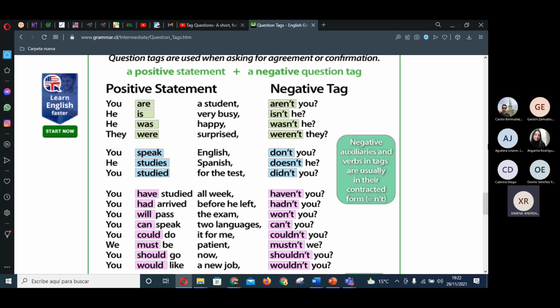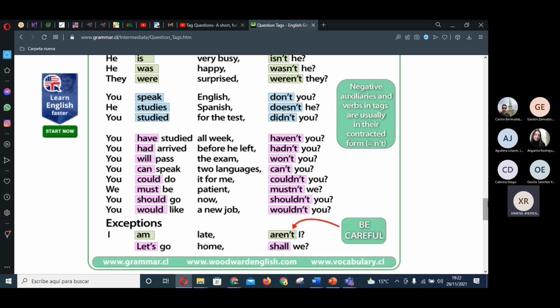I am going to read. Voy a leer los otros a modo de, pues bueno, de revisión general de esos ejemplos. But I also want you to watch the video class in which we are going to observe each one of the tenses. Let's observe. You have studied all week, haven't you? You had arrived before he left, hadn't you? Acá con estos tiempos, miren que el primero, acá en rosado, have studied, es un presente perfecto.